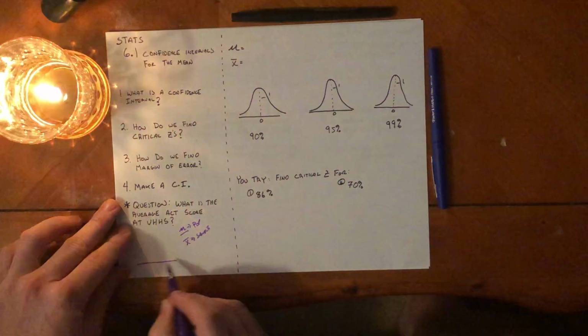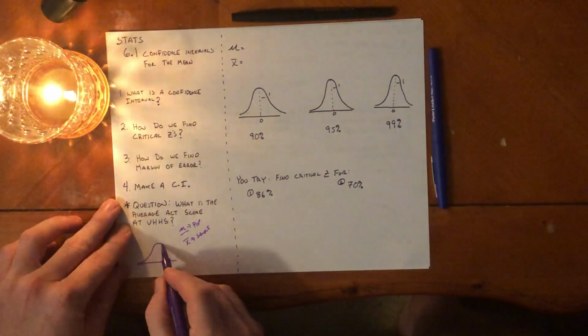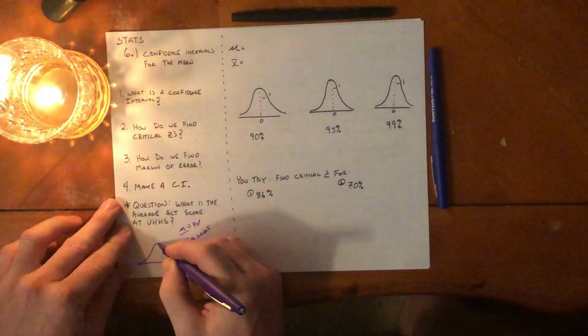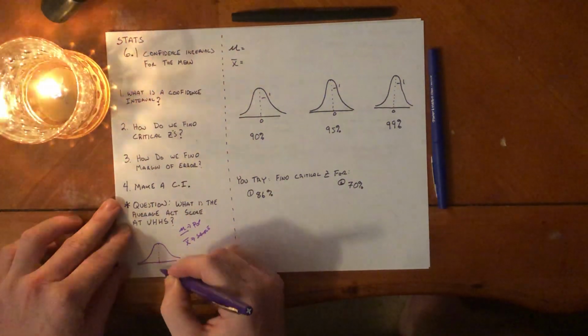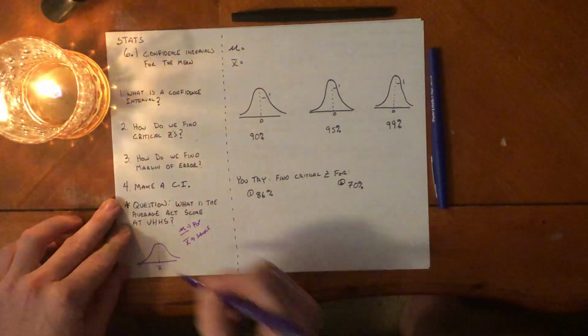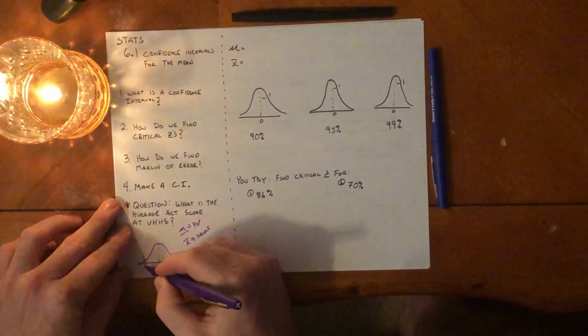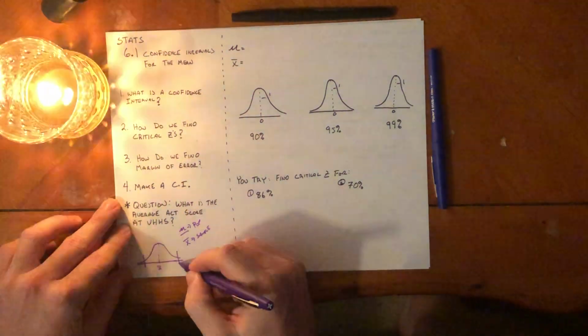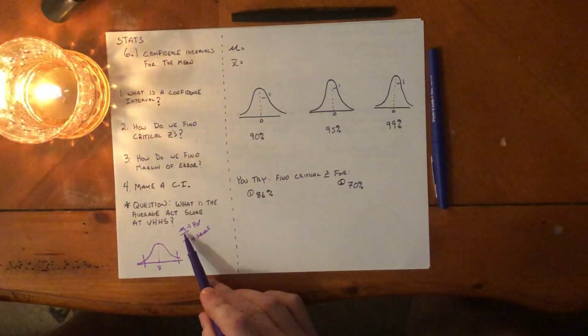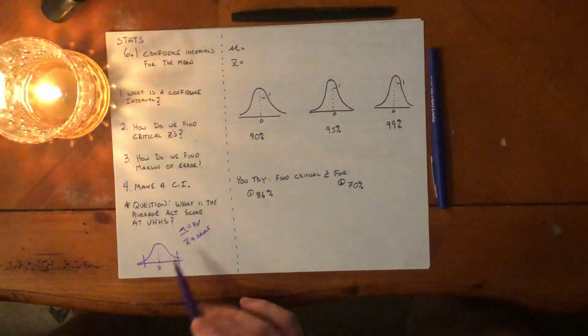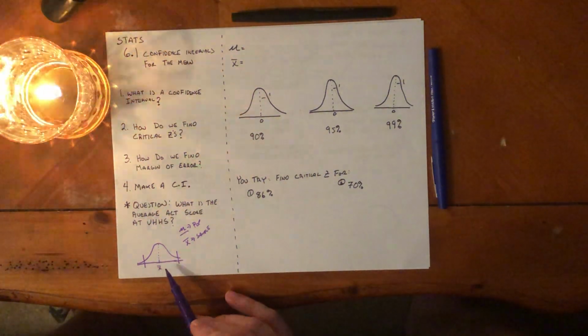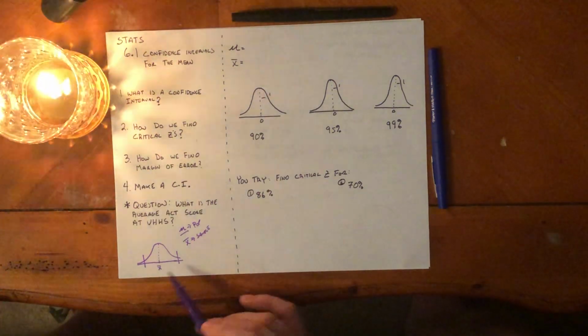Now, what we can do is we can make a curve, and we could put our sample in the middle, and we make kind of a high and a low of where we think the actual mean falls in relation to our X bar. So let's say I have a pretty average class, right?